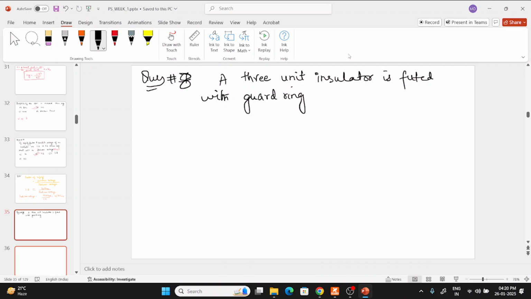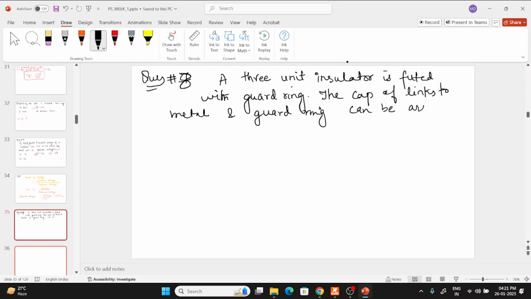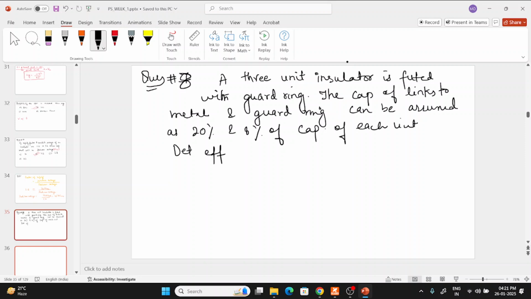The capacitance of link pins to metal and guard ring can be assumed as 20% and 8% of the capacitance of each unit. Determine the efficiency.